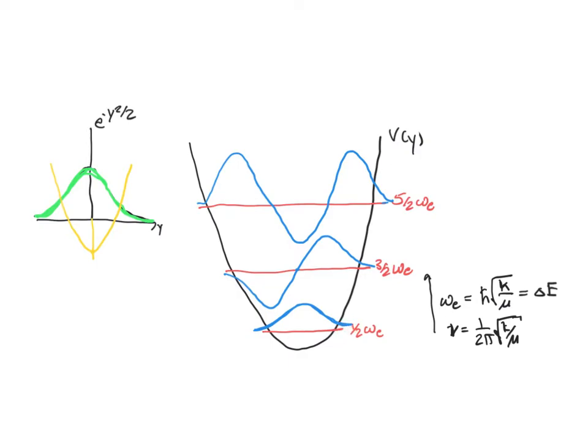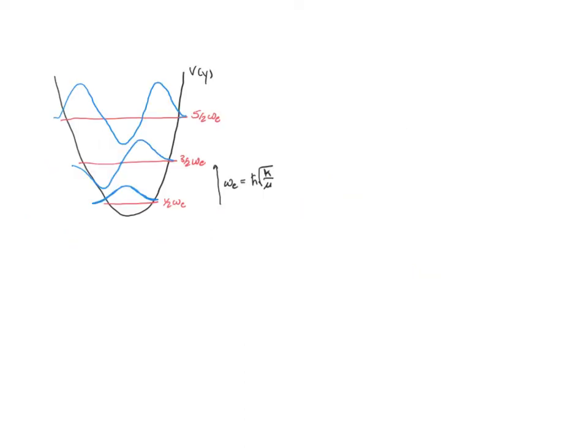And it's not just an artifact of how I've drawn these wave functions. This is actually how this works. So in the quantum mechanical harmonic oscillator, we say that the particle has a probability of being at distances that are beyond what we call the classical turning points of motion.